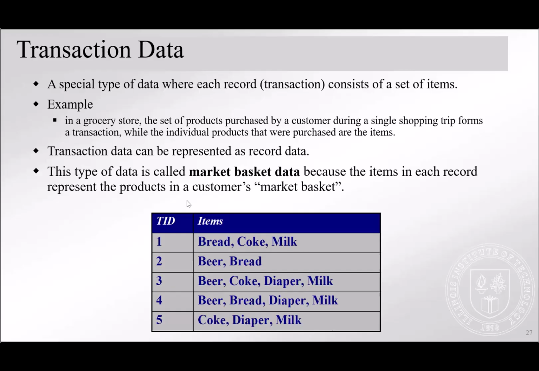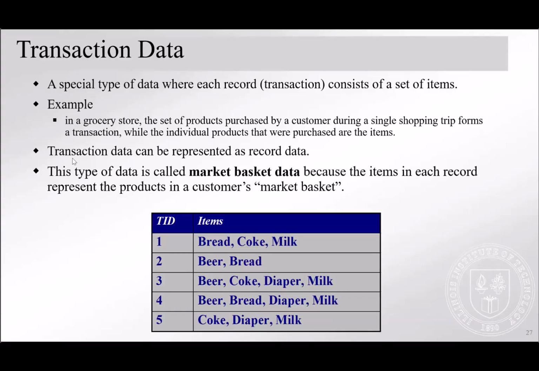So here's what it actually looks like. See this? We have the transaction ID here, and then the items. Look at transaction one again. We have bread, coke, let's say milk. All right, simple enough, right? Good.